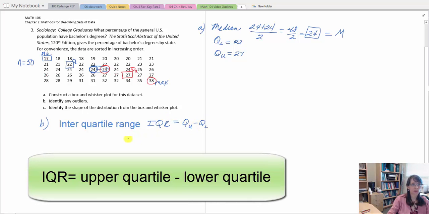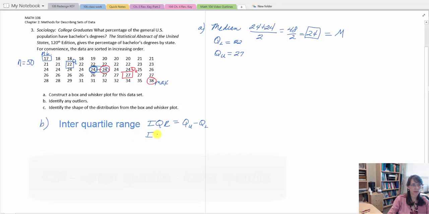Since we figured out those values already, the IQR is equal to 27 minus 22, which is equal to 5. So the interquartile range is 5. This tells us there's 5 units between the lower end of the box and the upper end of the box. We're going to use the number 5 as the IQR value now to make some calculations.